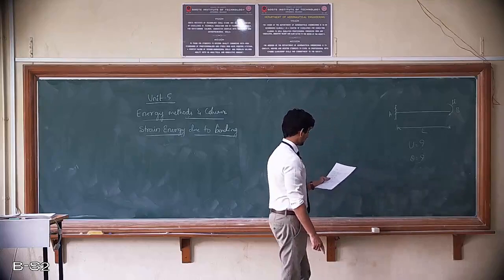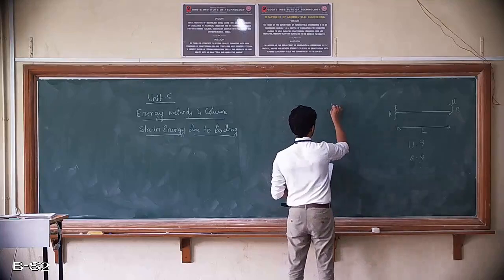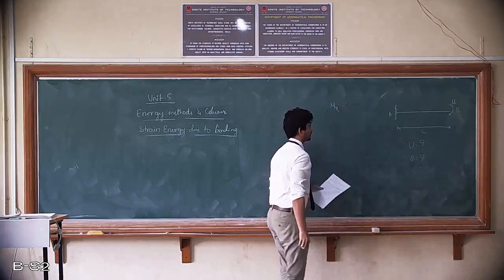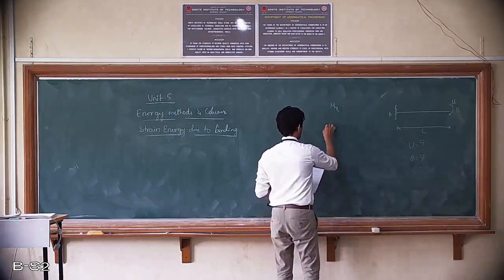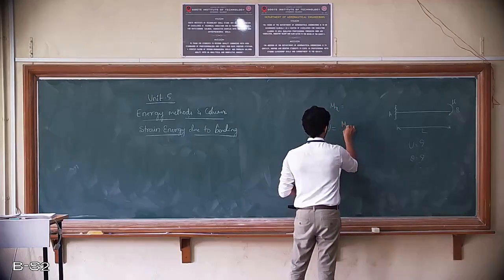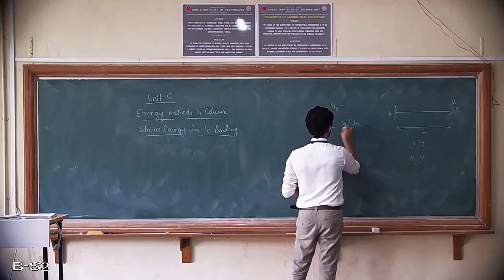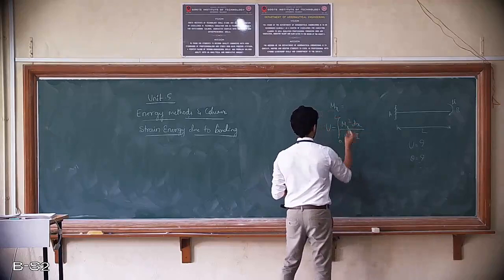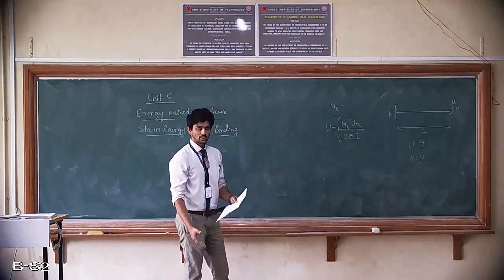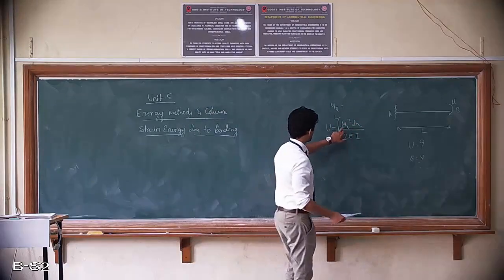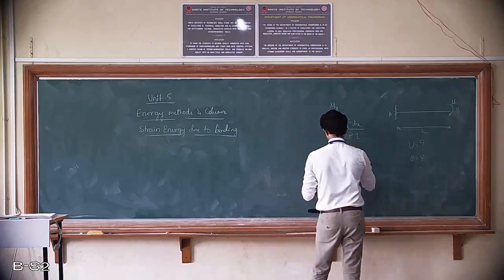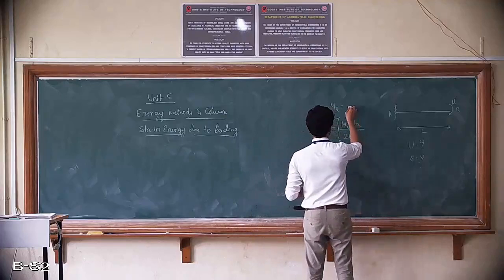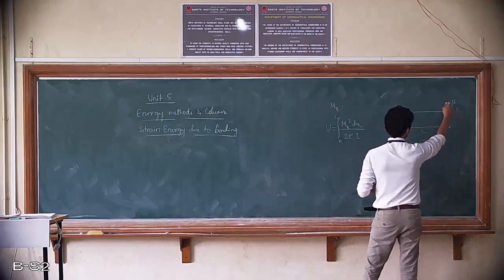Okay. Now for that, again, first I'll define Mx, because the equation here is going to be the same. U is equal to integral of Mx square dx divided by 2EI for the limit 0 to L. So the equation will remain the same. First I need to deduce what is the moment here, Mx. So Mx here, it is considered like this.